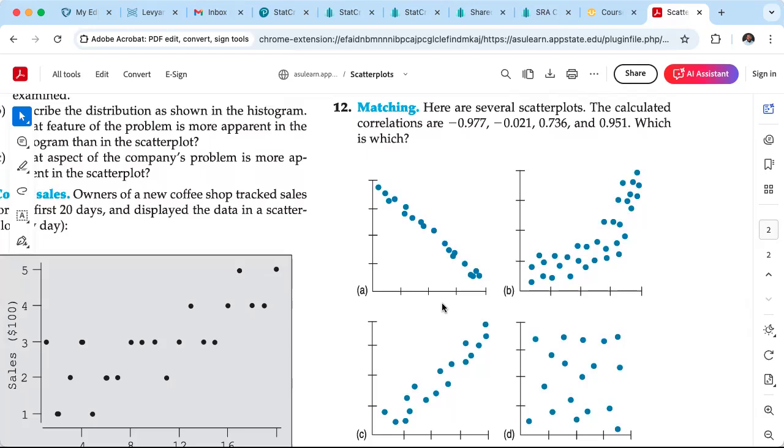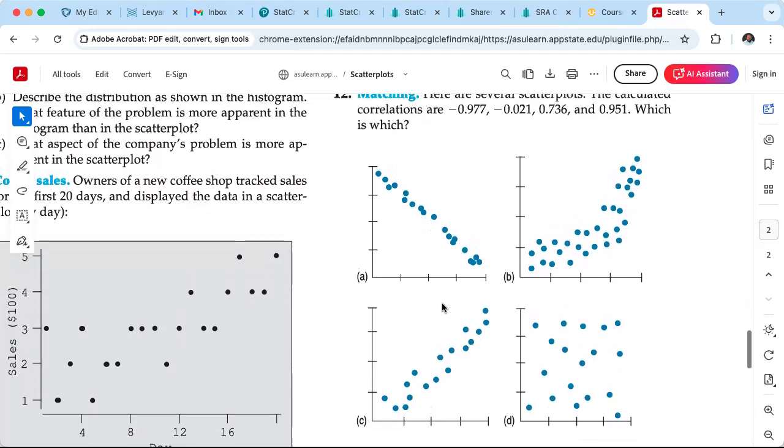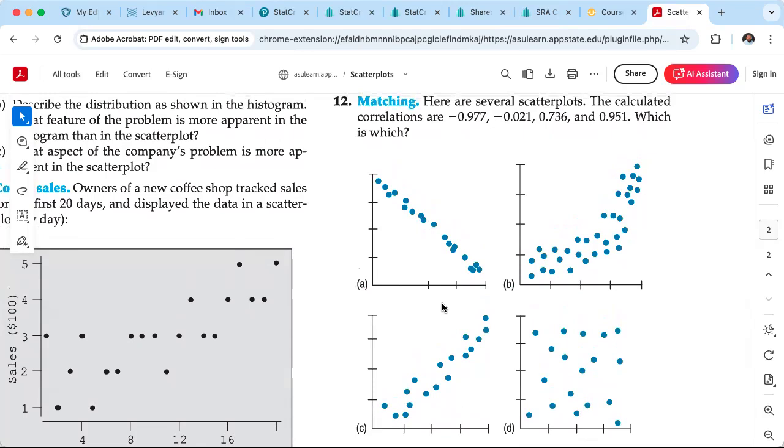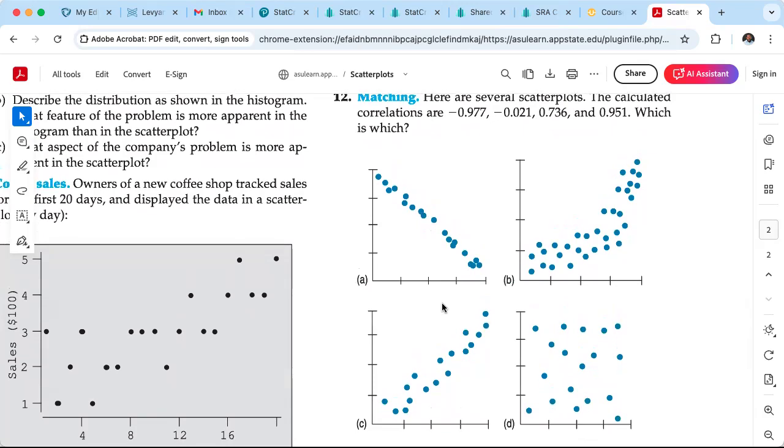So 12, same thing. Which of these four graphs do we see a positive direction? B and C. Do you agree? Okay, we have two. Of B and C, which of these two do you find very strong? How many of you agreed C?